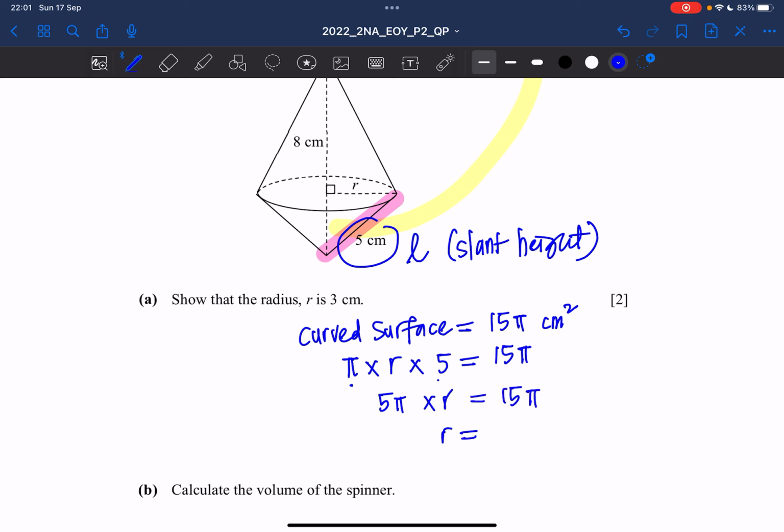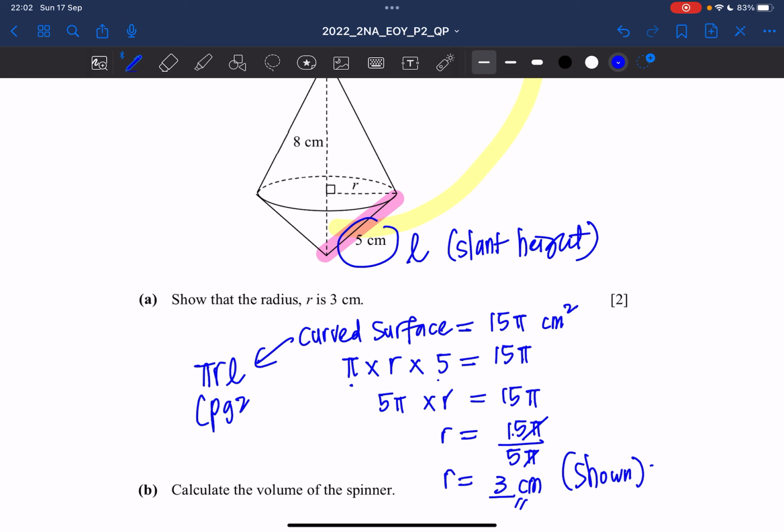So our radius is 15 pi divided by 5 pi. So 15 divided by 5 is 3 centimeter. Of course the pi can be cancelled out. So this one we can put shown. Now what is the formula for curved surface area? This is given in the formula sheet on page 2. You can check it out yourself.